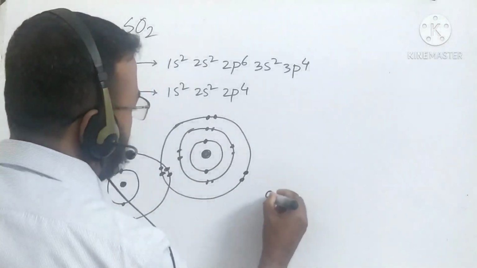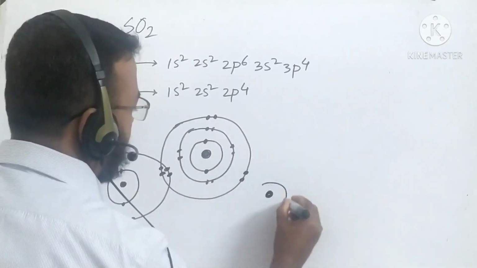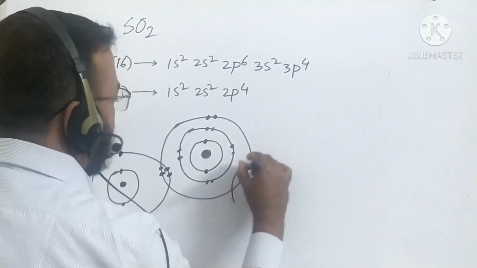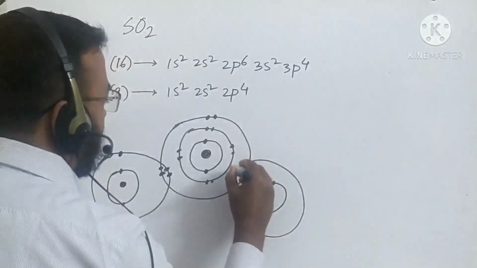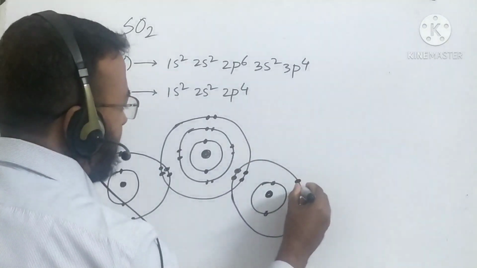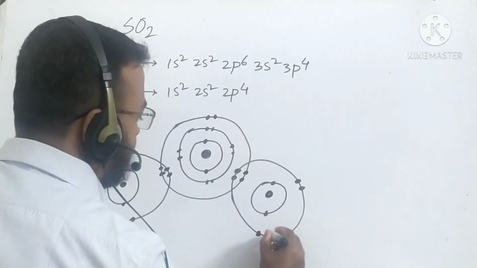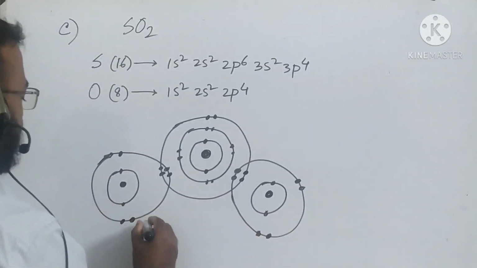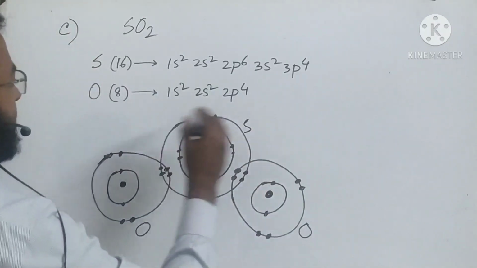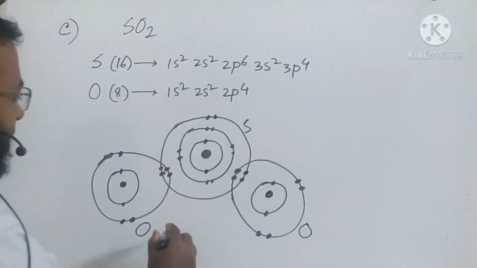So here also it is oxygen. First energy level contains 2 electrons. Then the second energy level will share electrons with sulfur. So this is an oxygen atom, this is an oxygen atom, and this is the sulfur atom. So the compound is sulfur dioxide here.